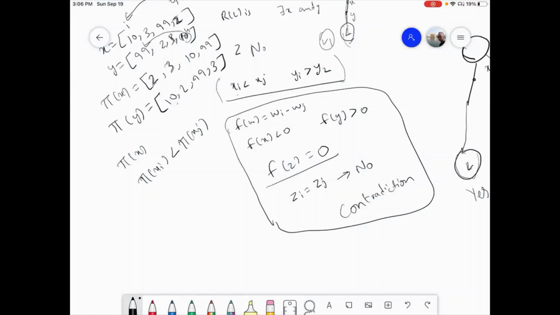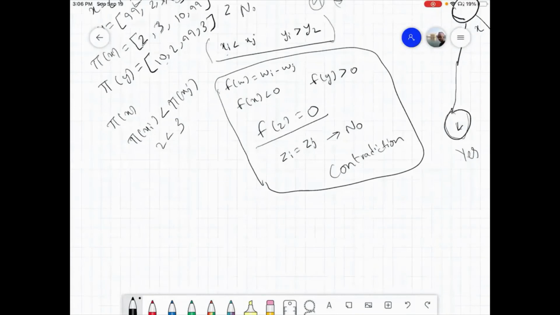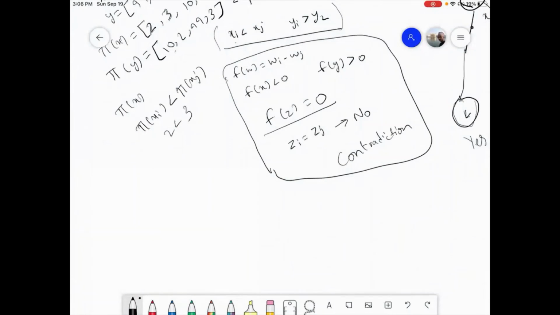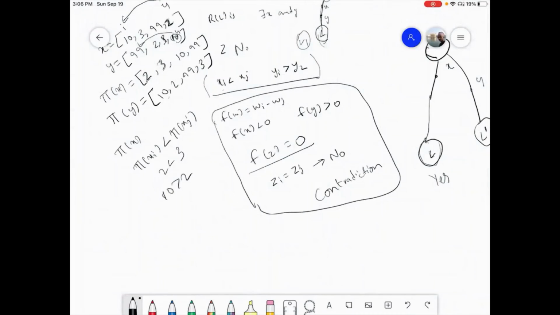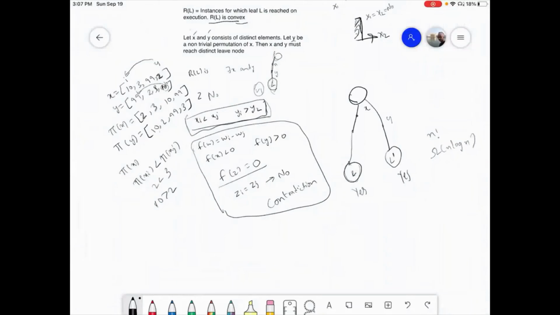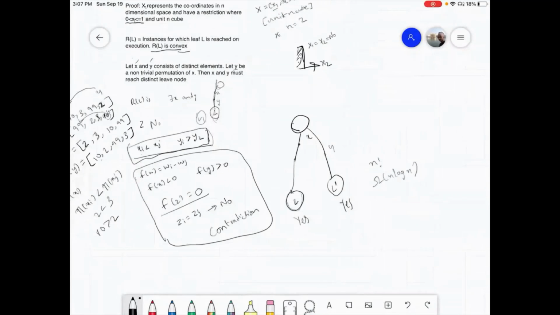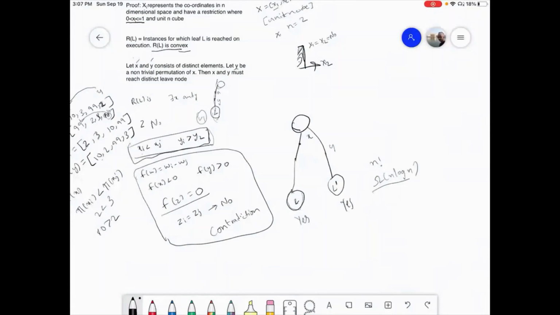Here, 2 is less than 3. When you look at Y, we end up having 10 is greater than 2. So our subclaim has been proven. When we consider all the claims, we can say that the lower bound for the element distinctness problem is omega n log n.